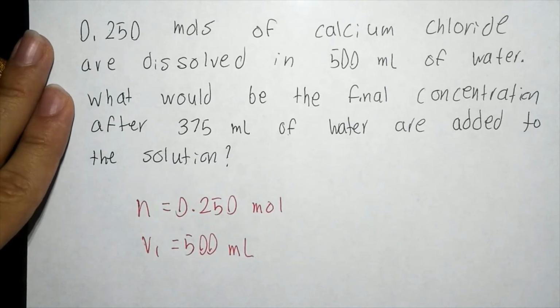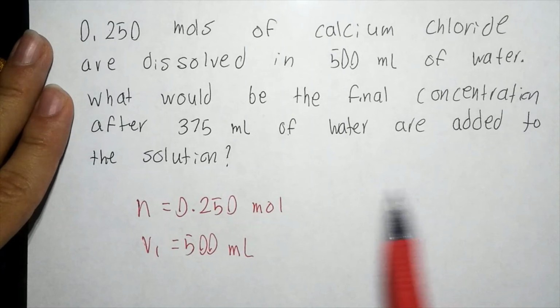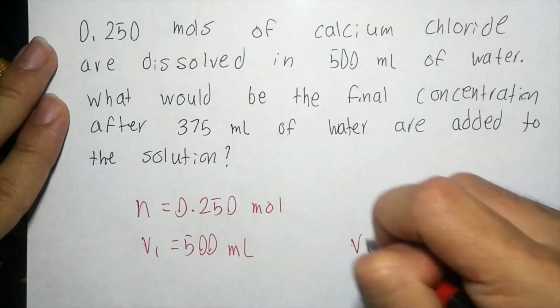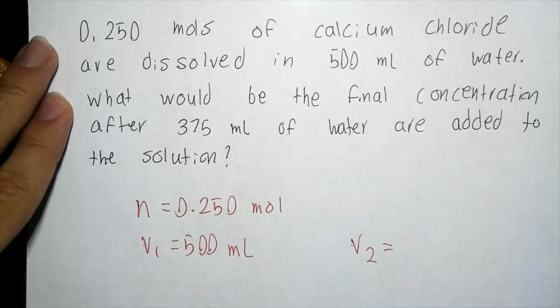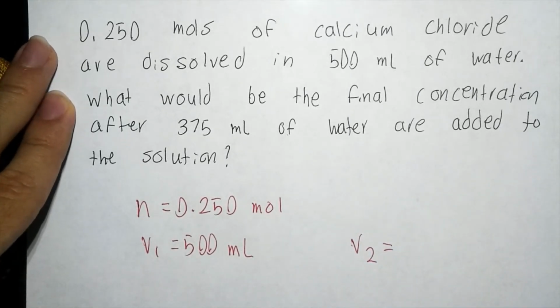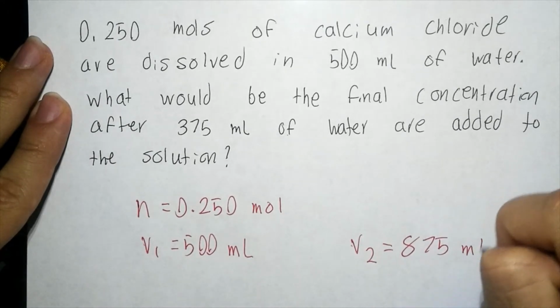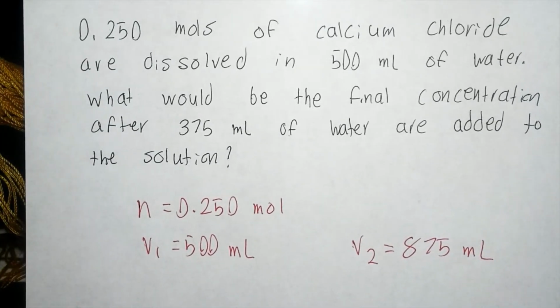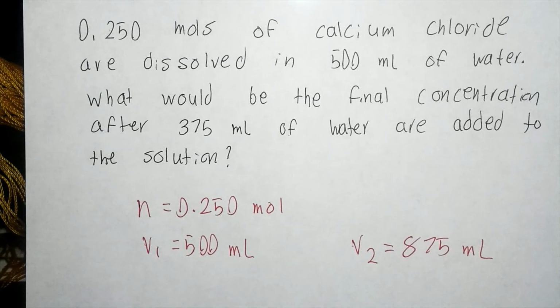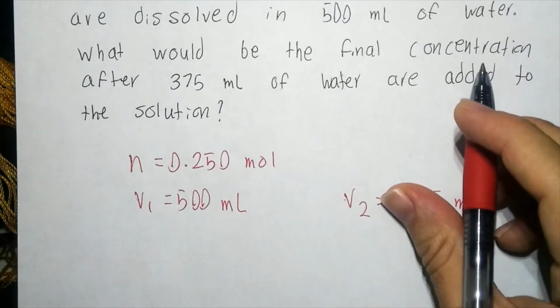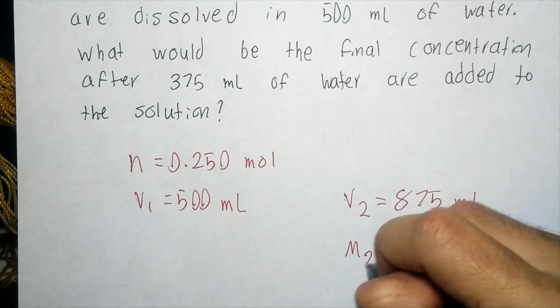And you don't have the final volume, but you can definitely calculate it by just doing 500 plus 375. So this will give you the final volume after the dilution. Now, what they're literally asking you for is the final concentration. So our unknown in this case would be M2.